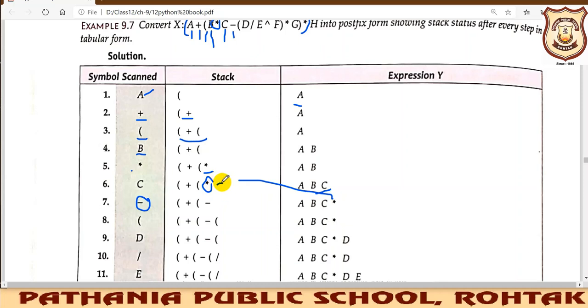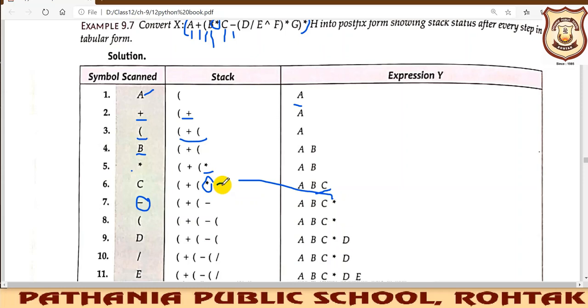Here it can stay only if the operator is of the same or lesser precedence. Multiplication can stay in the stack only when a new operator coming near it is of the same or greater precedence.